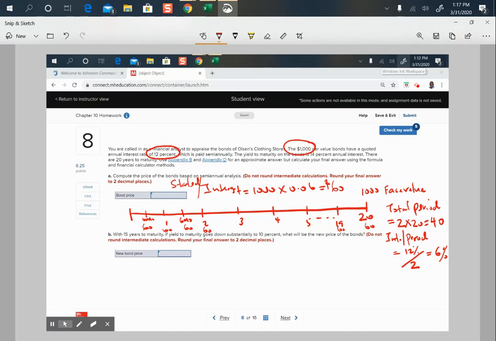Now, in order for us to determine the present value or the value of this bond, again, we said the value of any project or any financial instrument is basically going to be the present value of the cash flows. The present value of the cash flows for this bond is the $60 every 6 months.